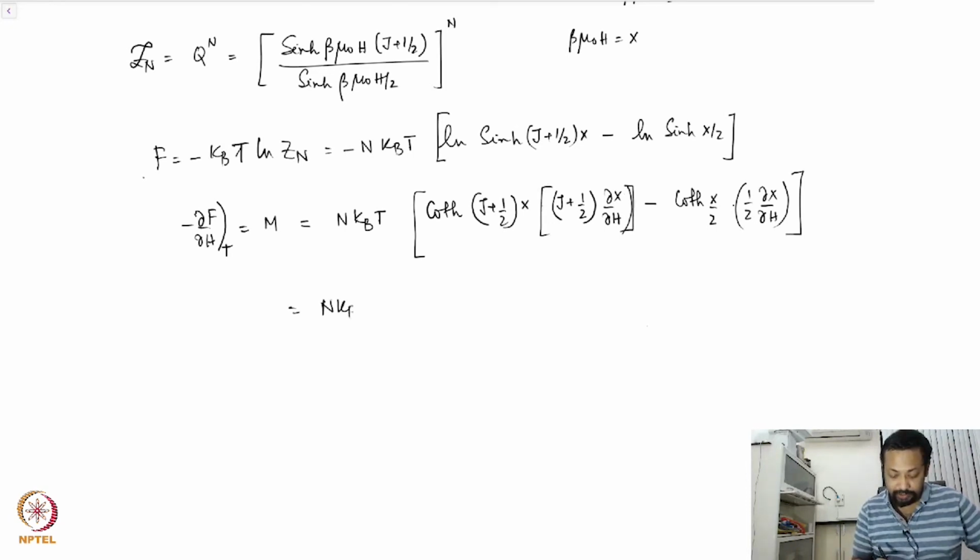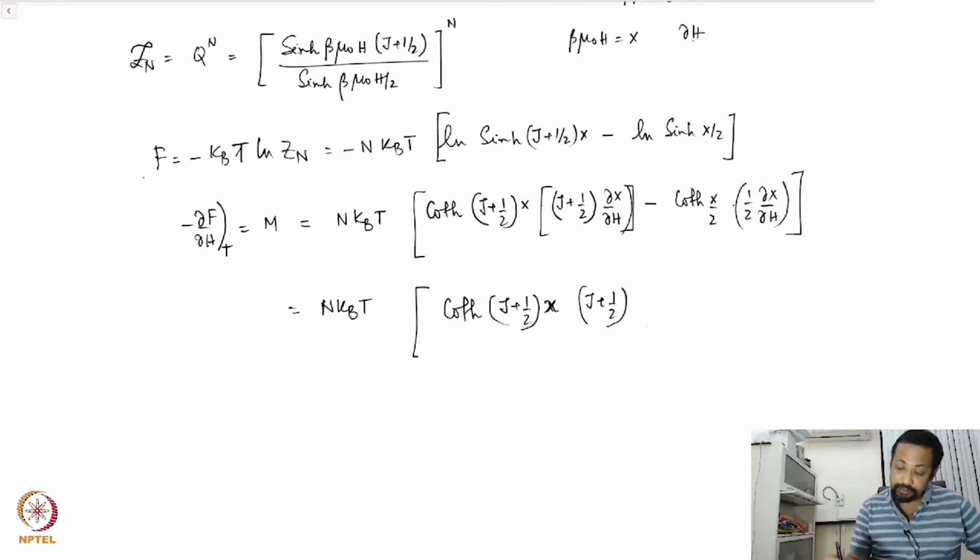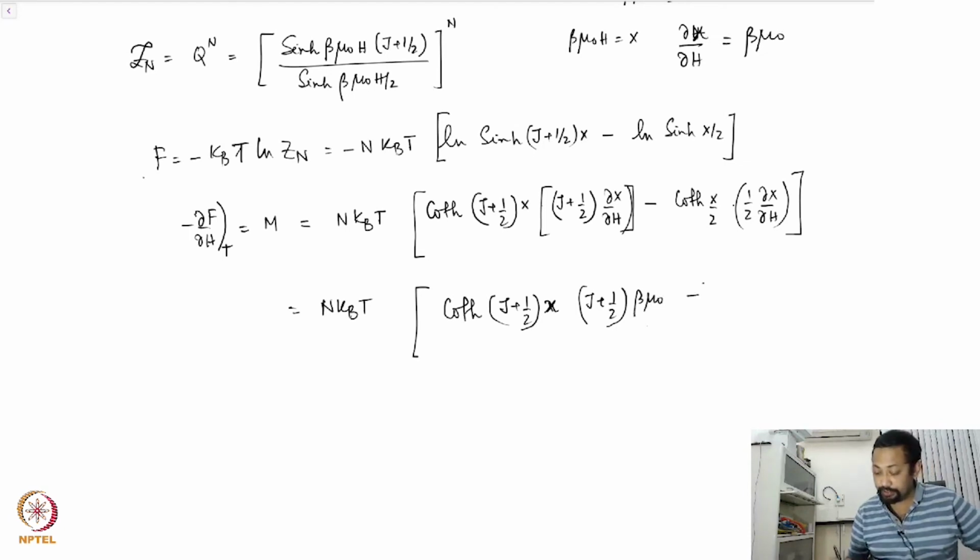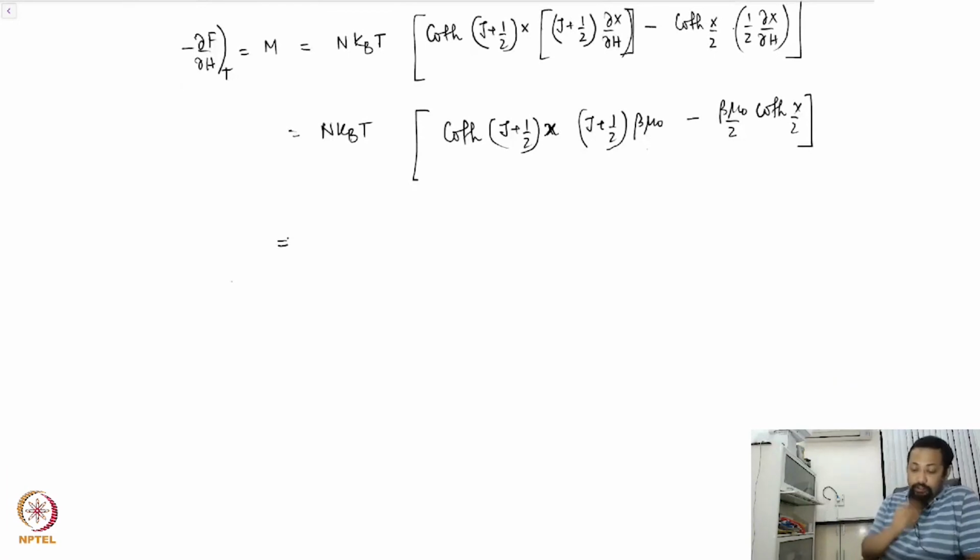Which is n kBT coth of (j plus half) x times (j plus half) del x del h, where del x del h is beta mu naught, minus beta mu naught by 2 coth of x by 2. Good, let's simplify.